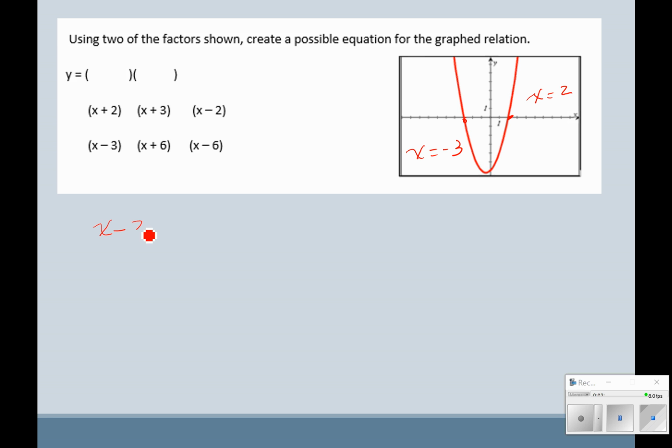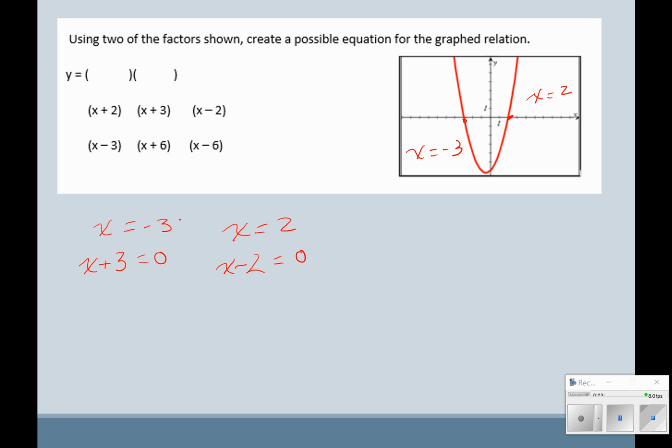If x equals negative 3, and I want it zeroed out, I'd have to add 3 to both sides, and I would get x plus 3 equals 0. With x equal to 2, if I bring the 2 to the other side, x minus 2 equals 0. Remember, those x-intercepts are solutions, so we get them from those zeros.